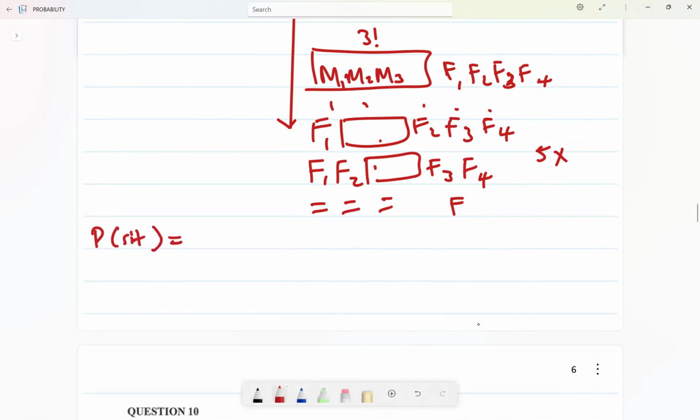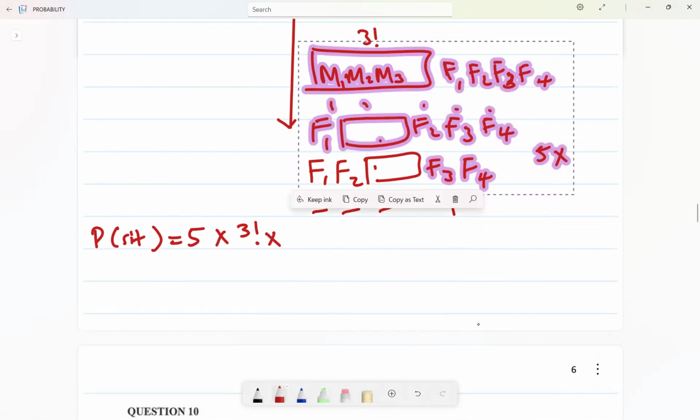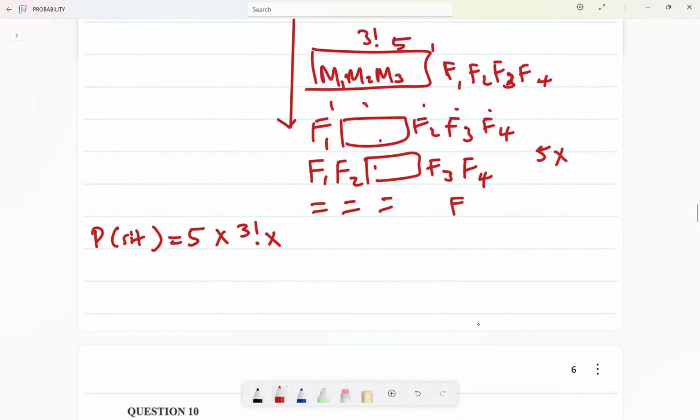This is the probability that they sit together. Sitting together is going to be, there are 5 ways that I can rearrange them, multiplied by 3 factorial ways of the boys here, multiplied by 5 factorial ways in which I can rearrange them. It's going to be 5, 4, 3, 2, 1 again, because I cannot repeat people. 5 factorial, which is something like 5 times 3 factorial times 5 factorial, and then it gives me 3,600.